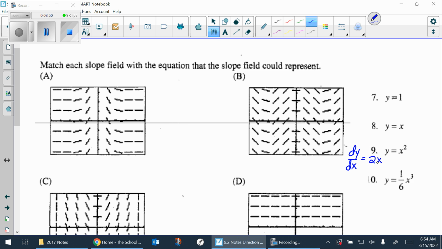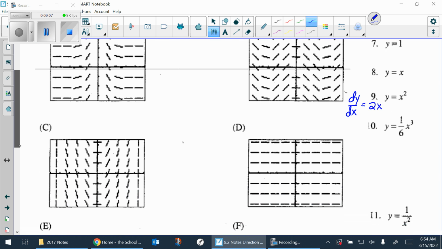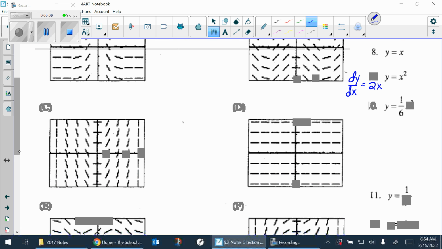So if x is 0, I got a slope of 0. Well, that's not this. Could be b. At 0, we have a slope of 0. If x is 1, we should see a slope of 2, and we don't. Let's see. When x is 0, slope is 0.